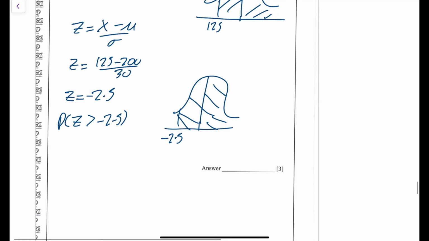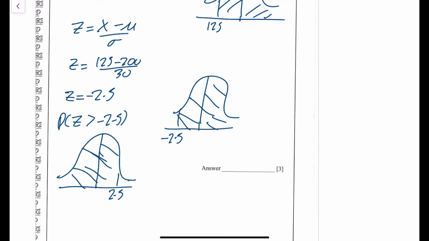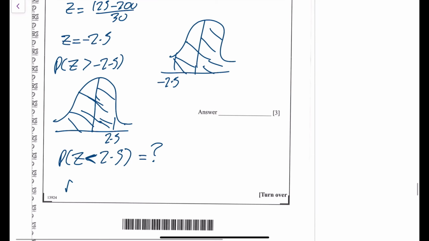So we'll do the old switcheroo, switch that around then. Because of the symmetrical nature of the tables, this area is exactly the same. So that means the probability that Z is less than 2.5, that's what we're looking for. And we can do that from our tables.